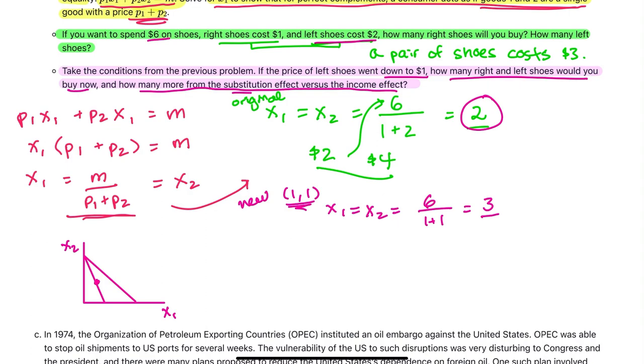This is the line x1 equals x2. And we're always on that line, right? At this first budget constraint, we are here at 2, 2. Now the price of good 1 goes down. So we have a new budget constraint right here. And now we're at 3, 3. And just to remind you, these are our indifference curves, this L shape.